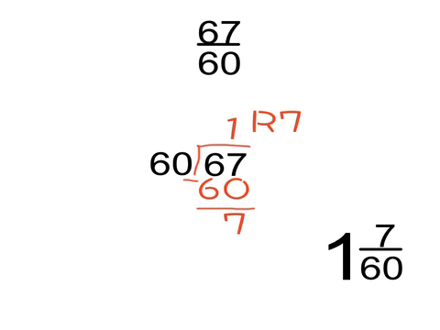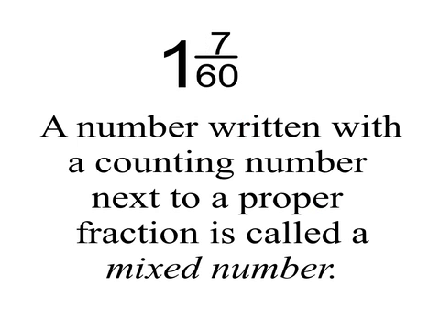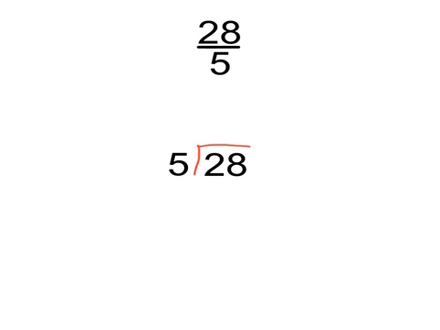The 1 is our big number, the remainder is our numerator, and the previous denominator, 60, is still the denominator. The arrows show where all those numbers go in the mixed number. So 67/60 is equal to 1 and 7/60. And a number written with a counting number next to a proper fraction is called a mixed number.